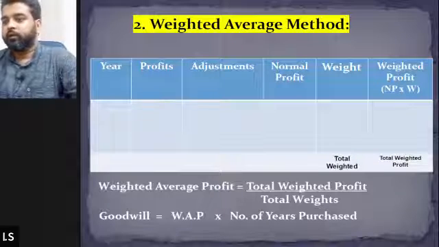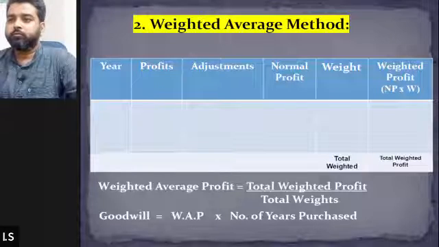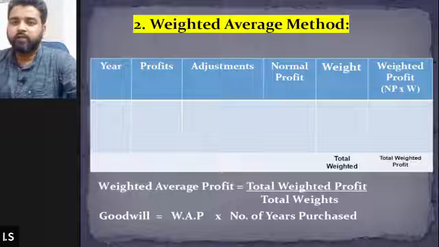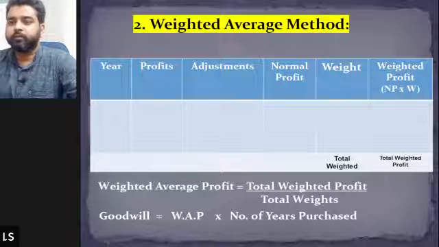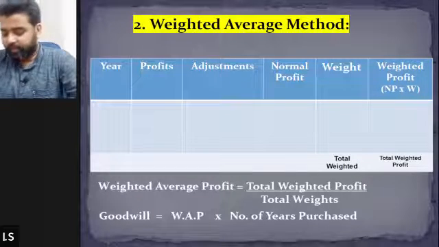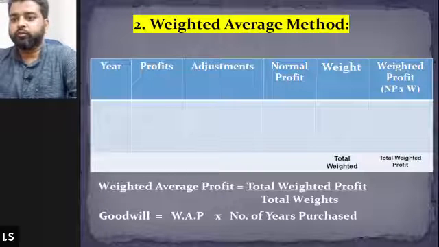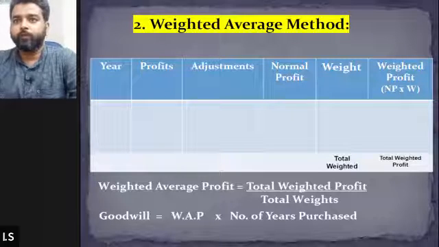Today we will be discussing the super profit method for half an hour, and then in the remaining second half of this session we will be conducting a small test that will also be based on the valuation of goodwill only.